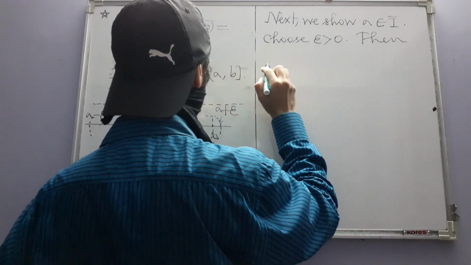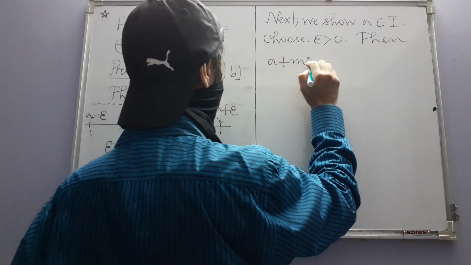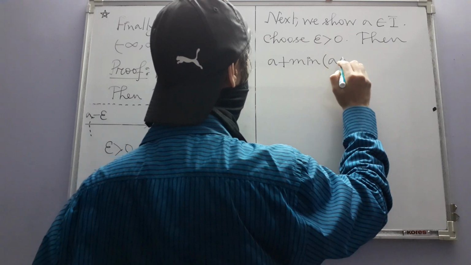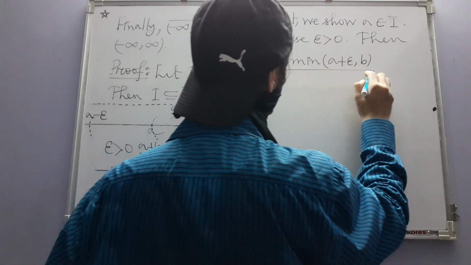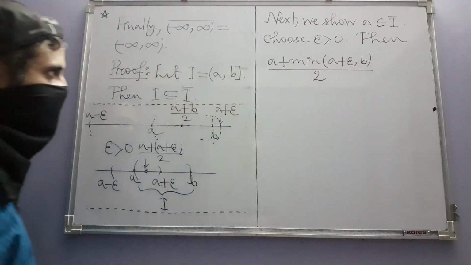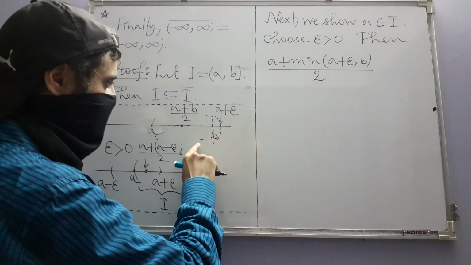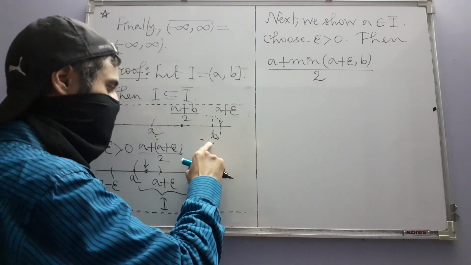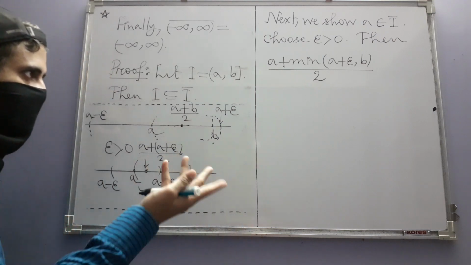Then A plus minimum of A plus epsilon and B over 2. You understand what that means. That min is, in this first case, B, and in this case it is A plus epsilon. It's going to be one of them.